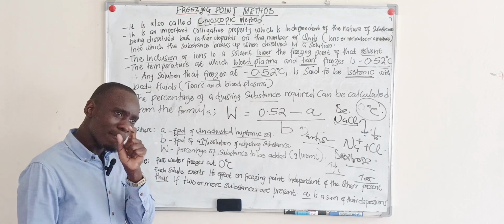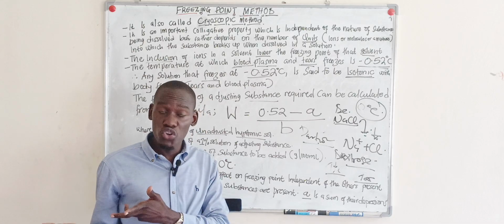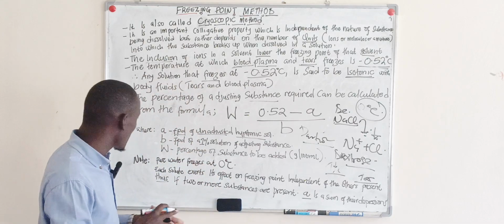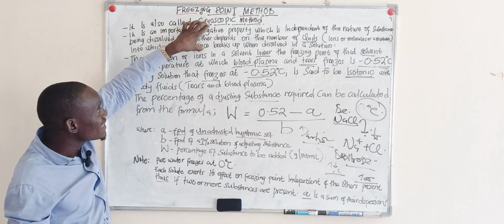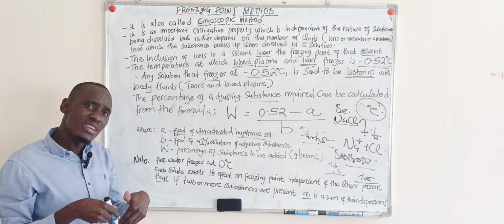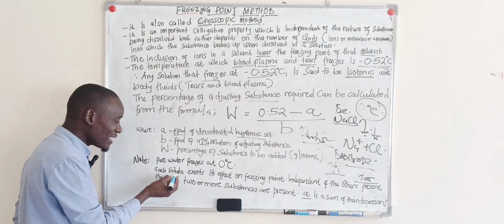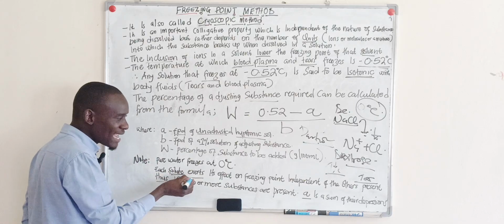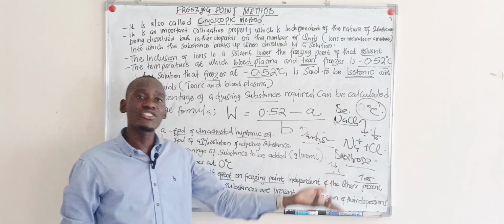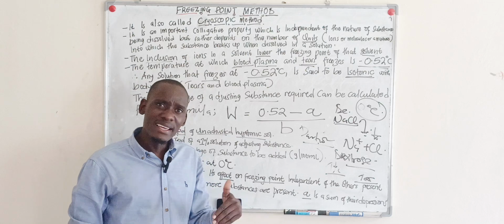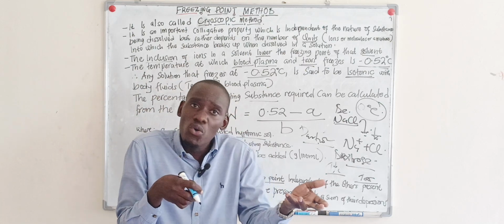So what does that mean? Some solutions contain more than one substance or solid. When we are dealing with the freezing point depression method, since it is dependent on the number of units being dissolved in that solution, each unit exerts its own effect on freezing point depression, independent of the others. Meaning that every substance in that solution exerts its own effect.